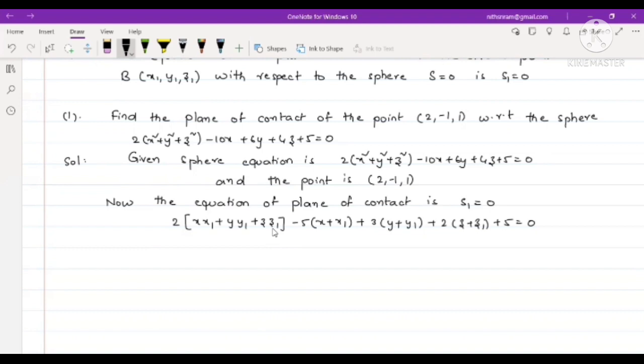Okay, in place of x1, y1, z1, now we have to substitute the given point. So now substitute (2, -1, 1) in the above equation.